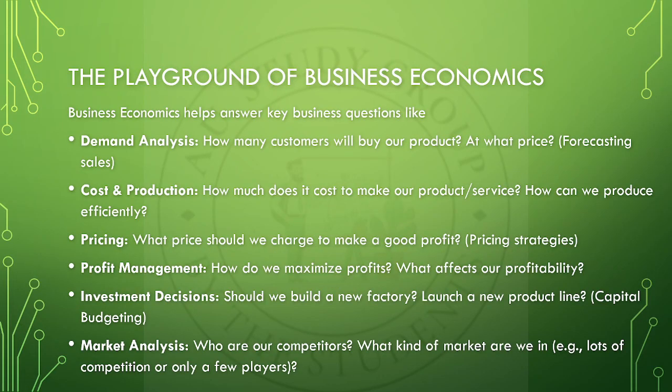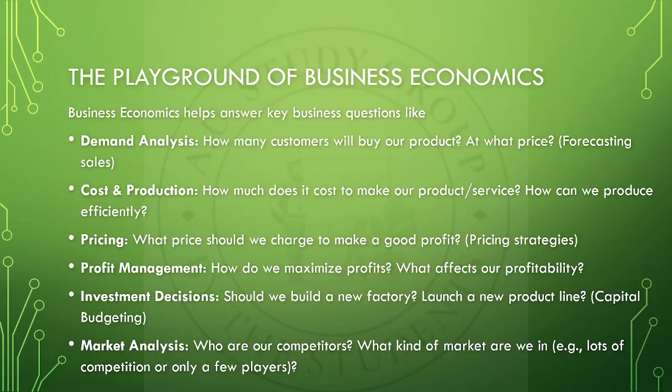Now let us understand what business economics covers. What is the playground of business economics? What kind of problems does this toolkit solve? Business economics dives into key areas. Let's discuss some of them.